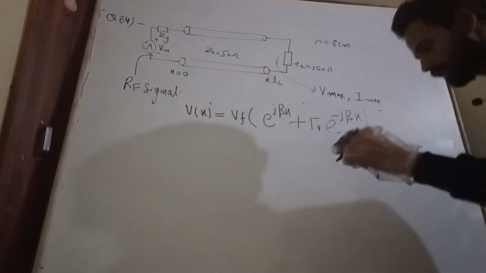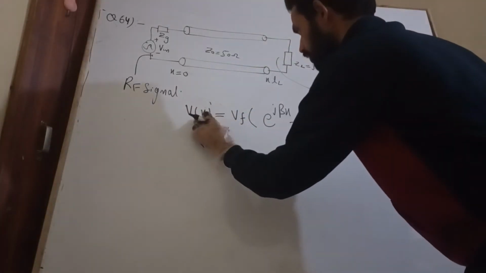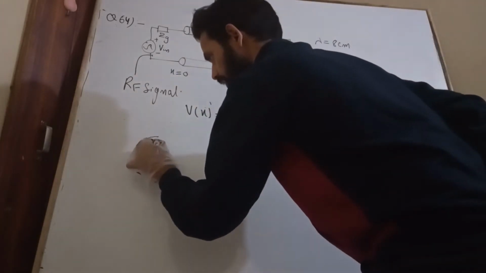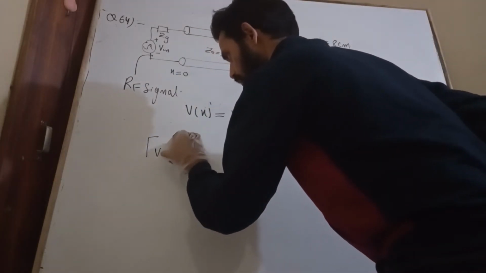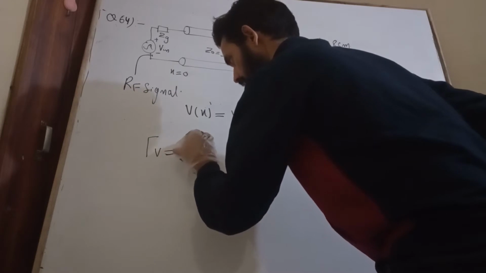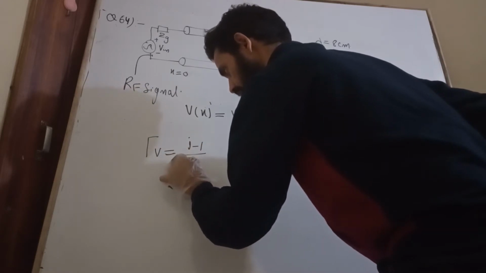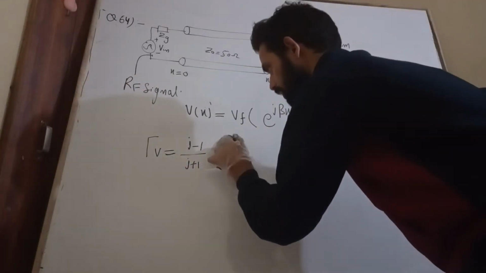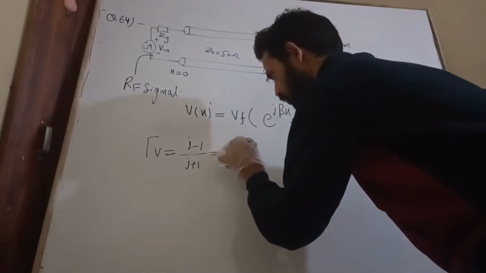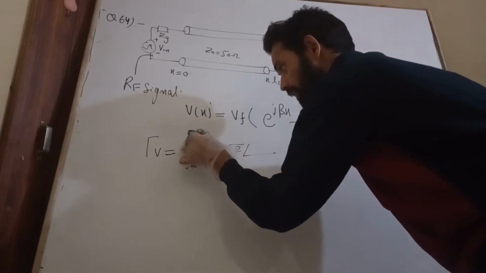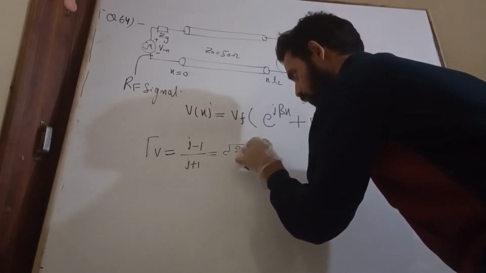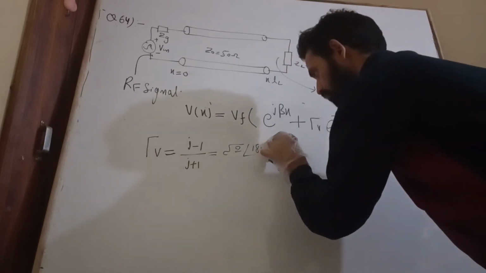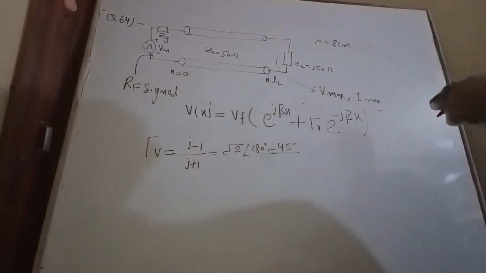Now, the reflection coefficient we got is (j minus 1) divided by (j plus 1). See here, the magnitude is root 2. The angle of j minus 1, how much is this? 180 degrees minus 45 degrees.